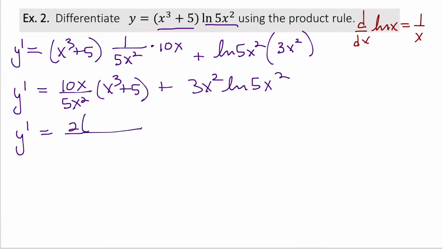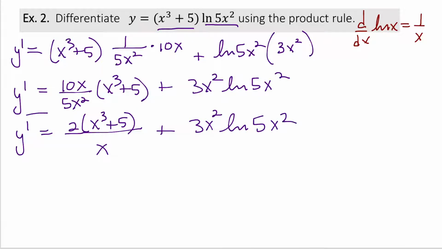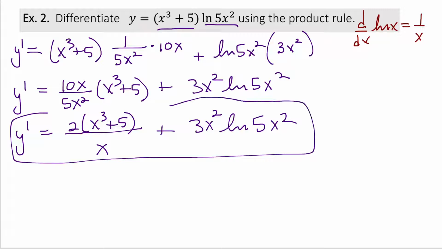So let's extend the line here. And then 3x squared, natural log of 5x squared. So we'll just leave it like this. Of course, whenever you have numerators and denominators like that, it's possible to get it into a different form, but we're just going to leave it like this.